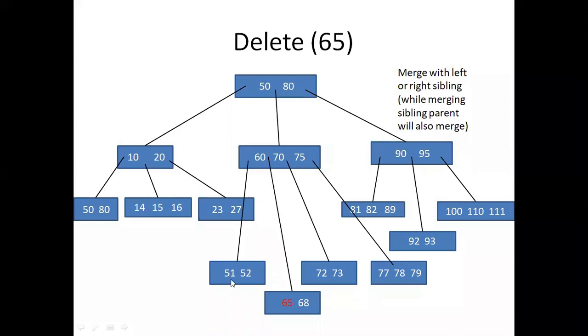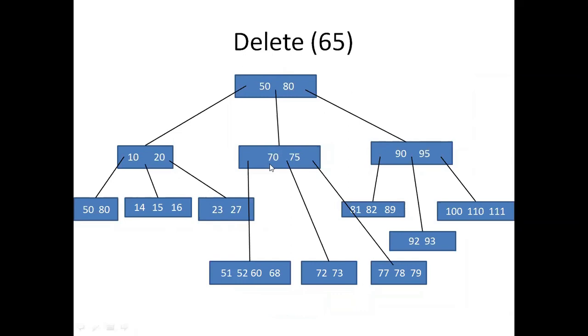So the parent will be removed from here and will be added here. Then your node will have 4 key values: 51, 52, 60 and 68. 65 is deleted. So in this case, while merging, the parent will also merge. See, 60 has come here from the parent location to this location, 51, 52, and the 68, which was left as the only key in the node, is also merged with this.